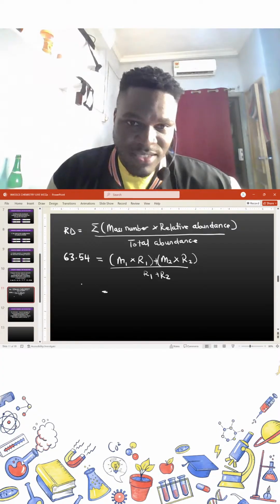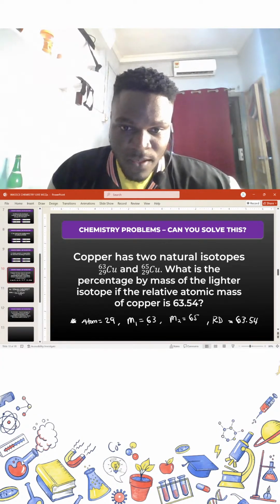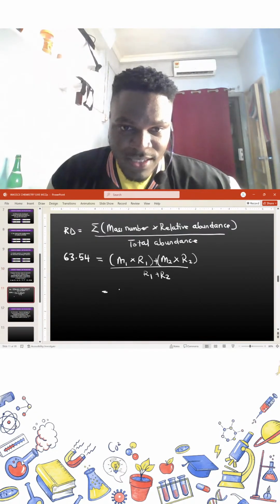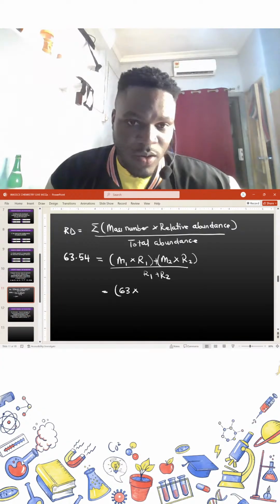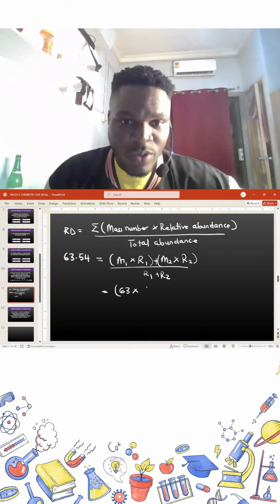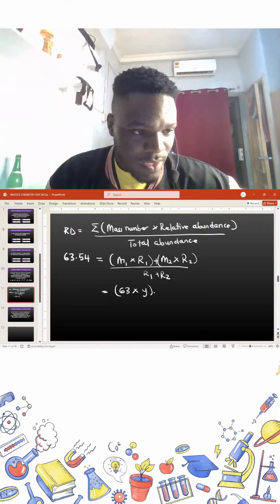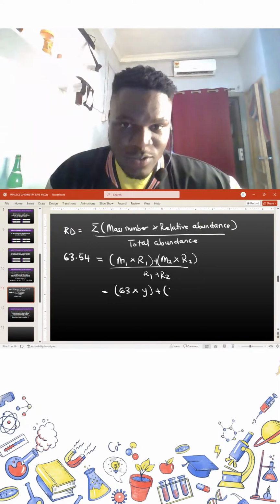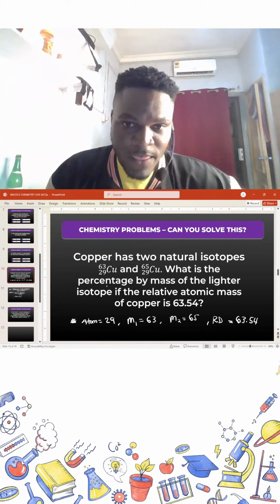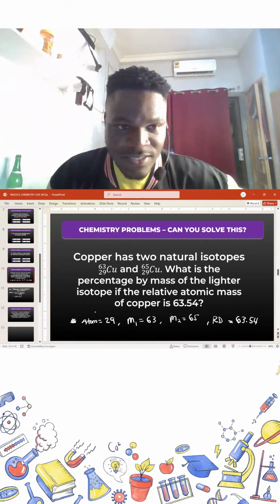So in place of M1, we have 63 over here. So I'll write 63, multiplied by R1, which we don't know, so let me represent it by Y. Then plus, in bracket, M2. The M2 over here is 65.